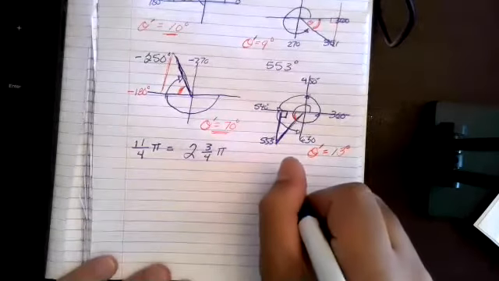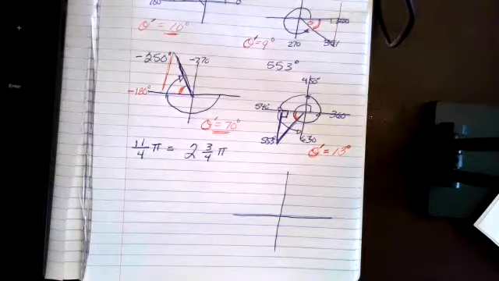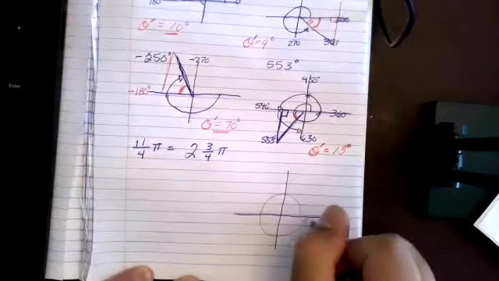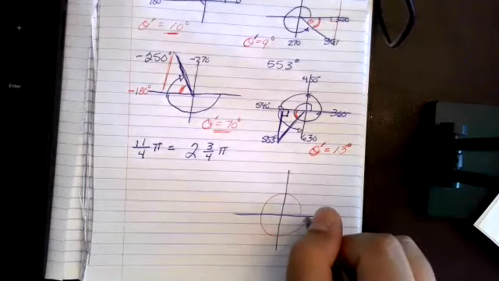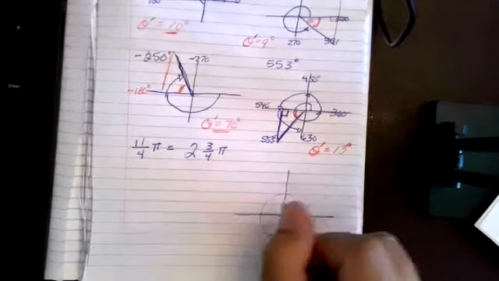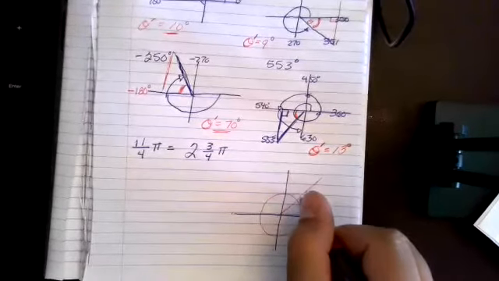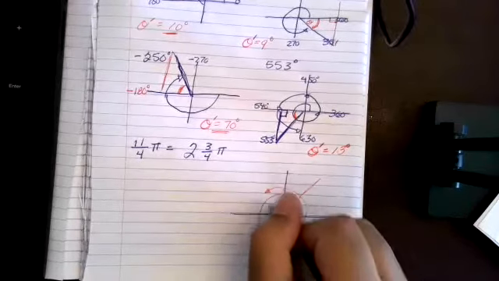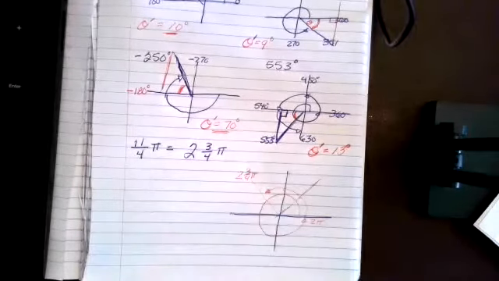And if we think about this, 2 3/4 pi, where would that bring me to? Well, I know one complete circle is 2 pi, right? And then if I continue this, that would be 1/4, 2/4, 3/4. 2 3/4 pi would bring me there, right?